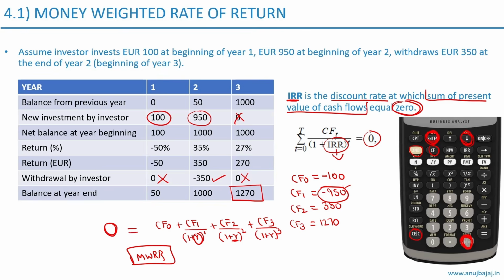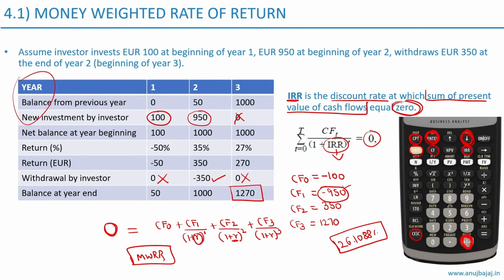Press the down arrow key, then C03. You enter 1270, press enter and the down arrow key. Now press the IRR key and then press CPT. You should get the IRR to be 26.1088%.